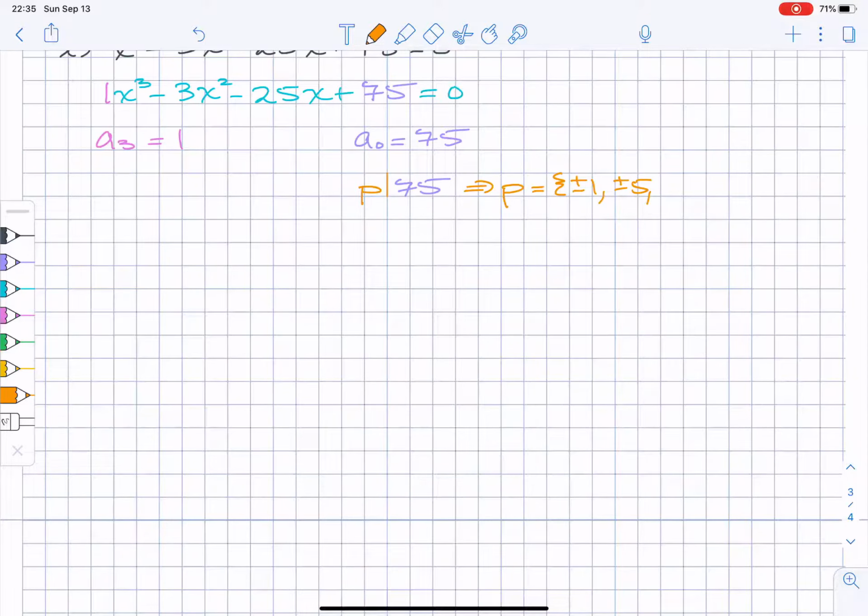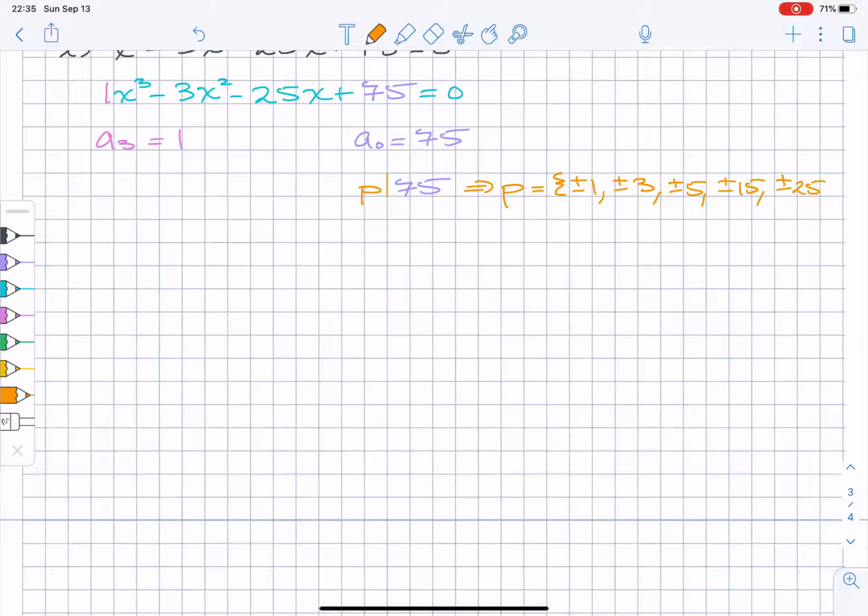Well, let's see, is it divisible by 3? 7 plus 5 is 12, so it is divisible by 3, so plus or minus 3, which means it's also divisible by 3 times 5, or 15. And we know for a fact it's divisible by 25.